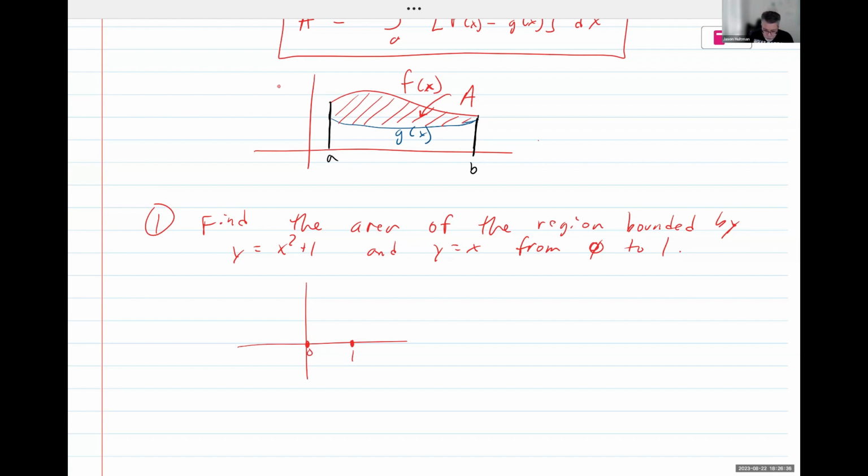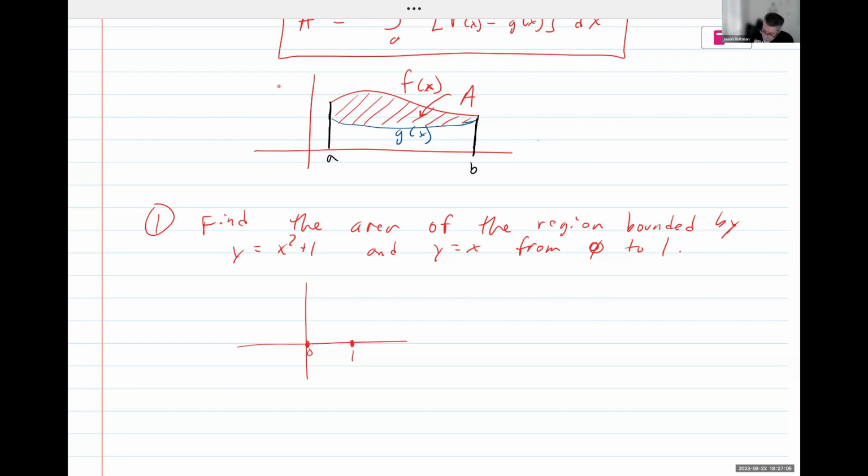And so we need to say, well, what's happening with these functions? No matter what I let x be, x squared plus 1 is always going to be bigger than x, right? If I just let x be, say, 1/2, then I square that and I add 1, that's always going to be bigger than the fraction. Whatever a fraction squared is, plus 1 is always going to be bigger than the original fraction.